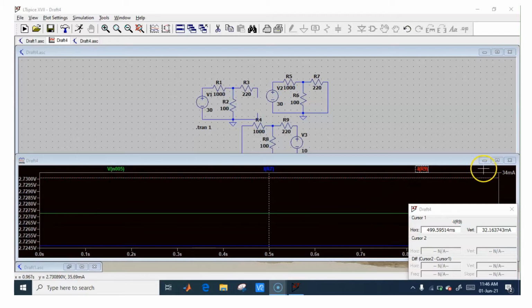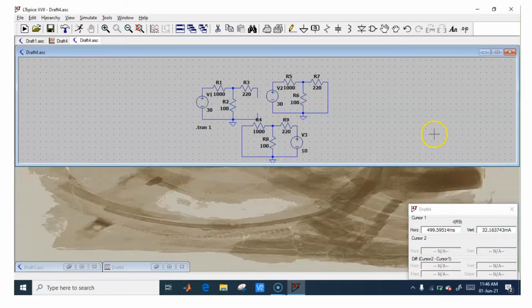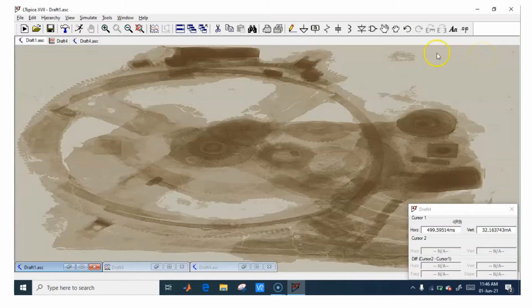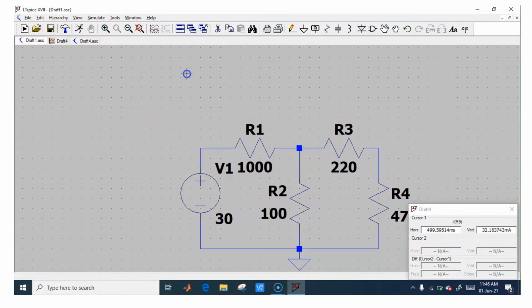So now we got the equivalent resistance value, the Thevenin voltage value, and the Norton current value. Here let us form an equivalent circuit according to Thevenin theorem and also according to Norton's theorem. What are the things we require?